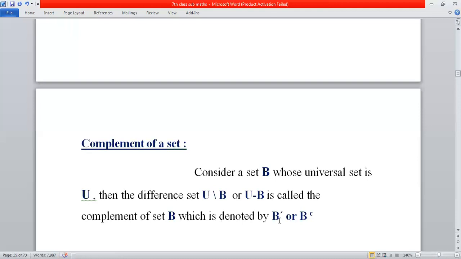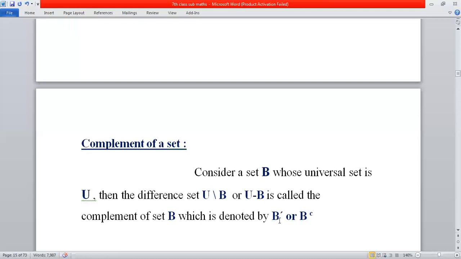One is to put a small bar on the set name, B bar, or you can use a small c in the power, B power c. In these two ways you can represent the complement of a set.